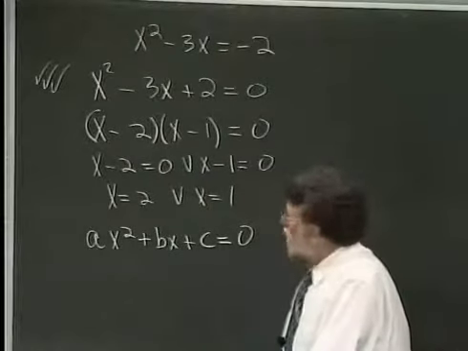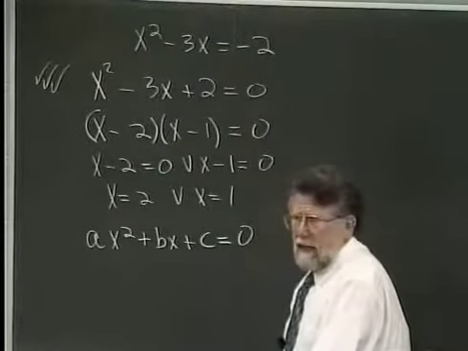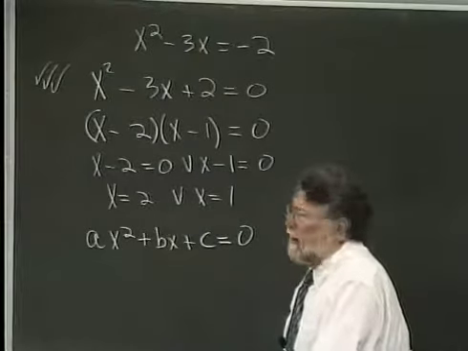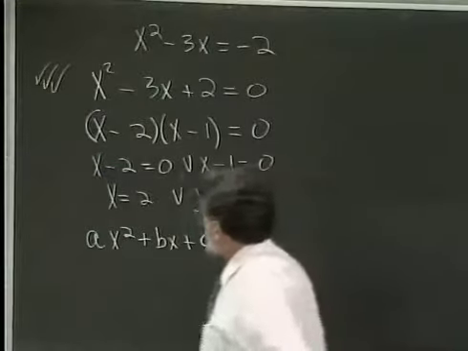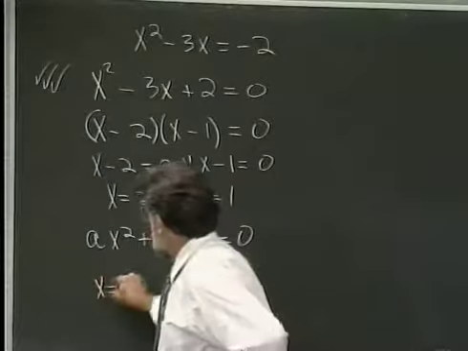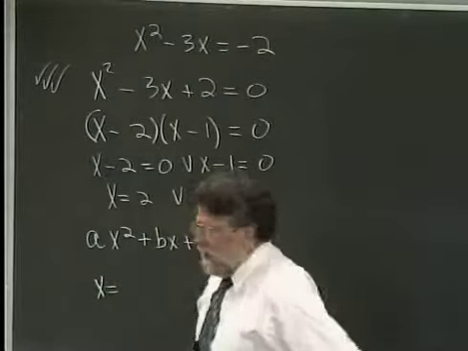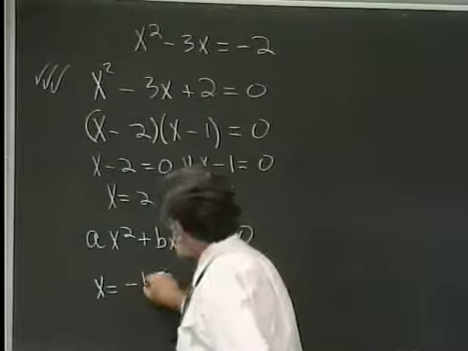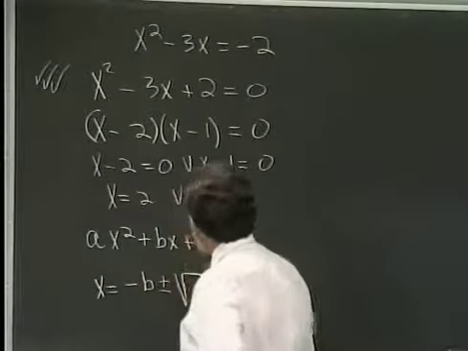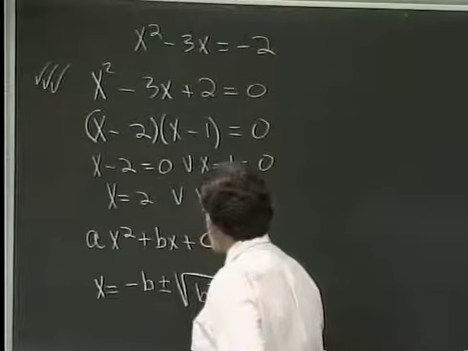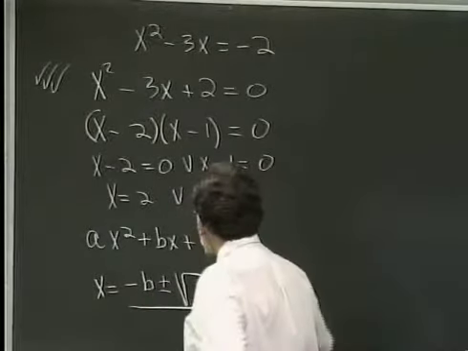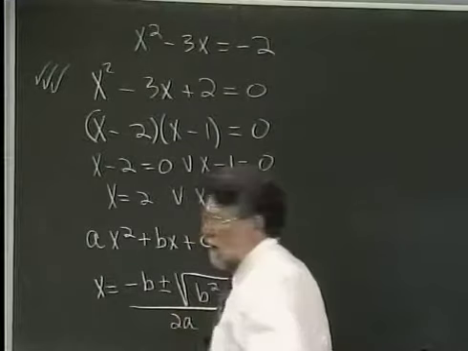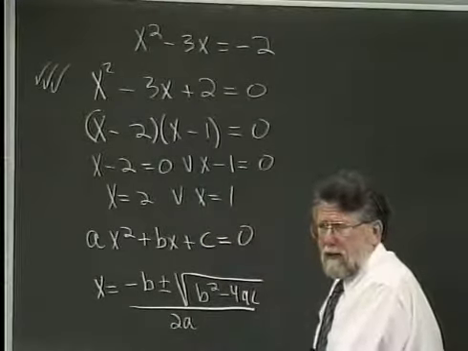And so the argument we make is that if I can get it in that form, we are going to introduce ultimately a quadratic formula, which will argue that if you know these coefficients, a, b, and c, we will be able to substitute into this formula and get our solution. And that's known as the quadratic formula.